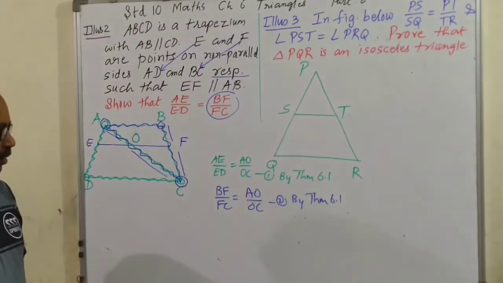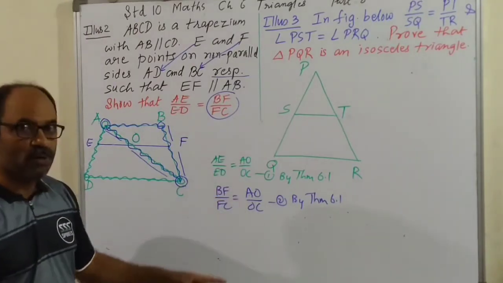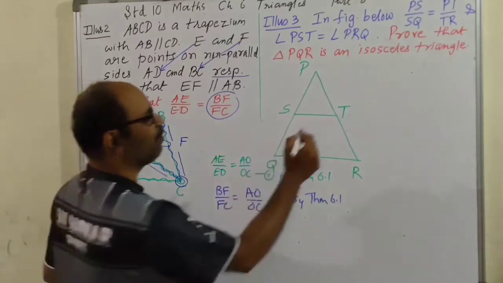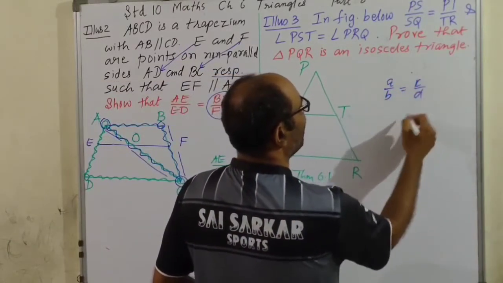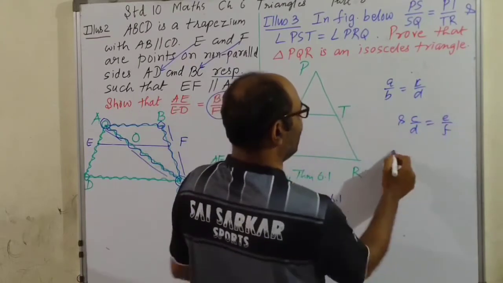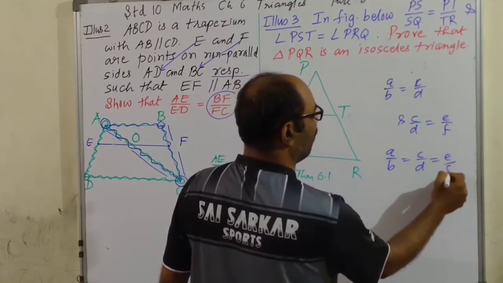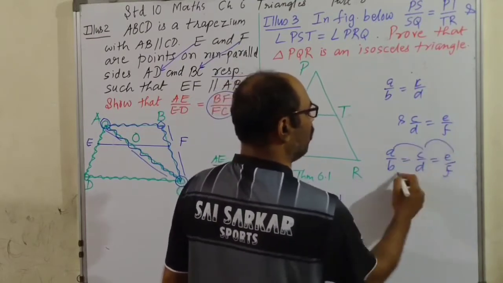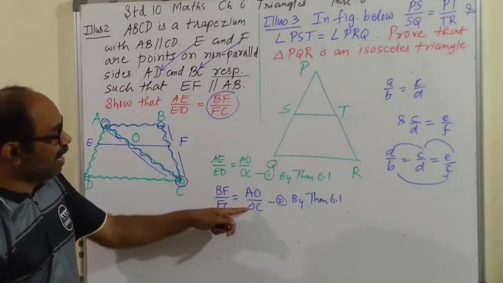Got it? Oh children, देख लो AO upon OC. So transitivity is developed. Now what is transitivity? If A upon B equal to C upon D and C upon D is equal to E upon F, तो आप ज्वाइन कर सकते हैं A upon B is equal to C upon D is equal to E upon F. आप कोई भी ये दो या ये दो ले सकते हैं. Right? So these two are equal.